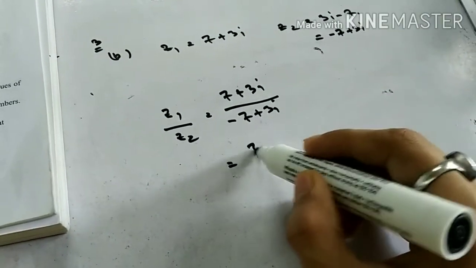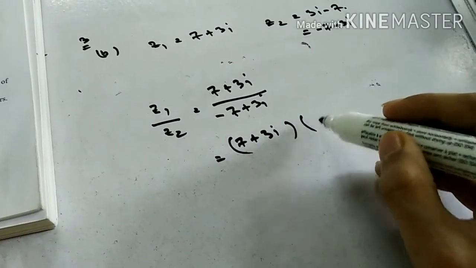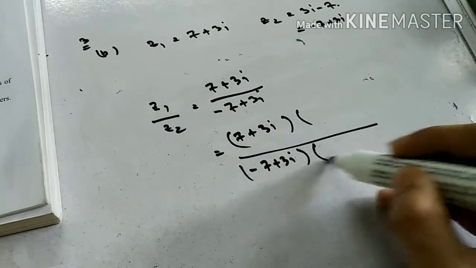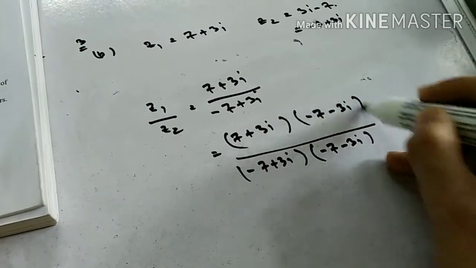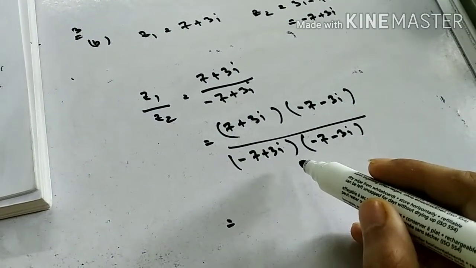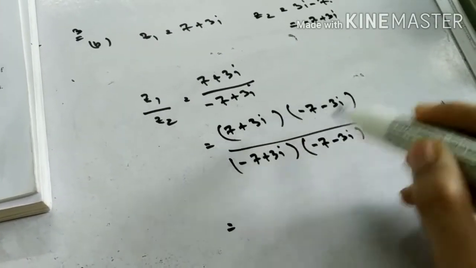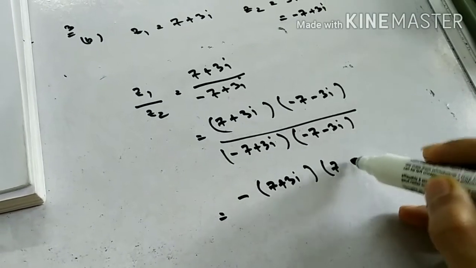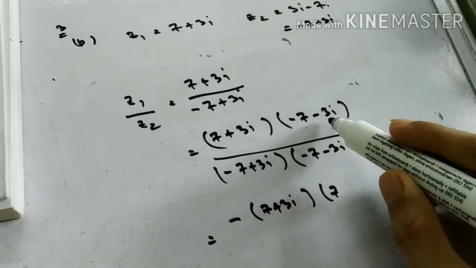So in here what I can do is, the denominator has plus there, so I will multiply both sides by minus 7 minus 3i. So this is again, let's take minus common here.